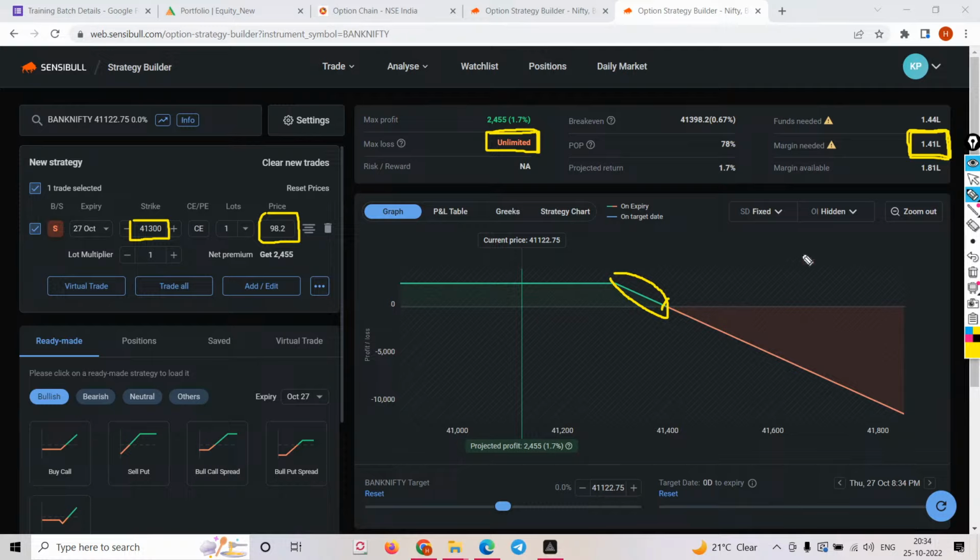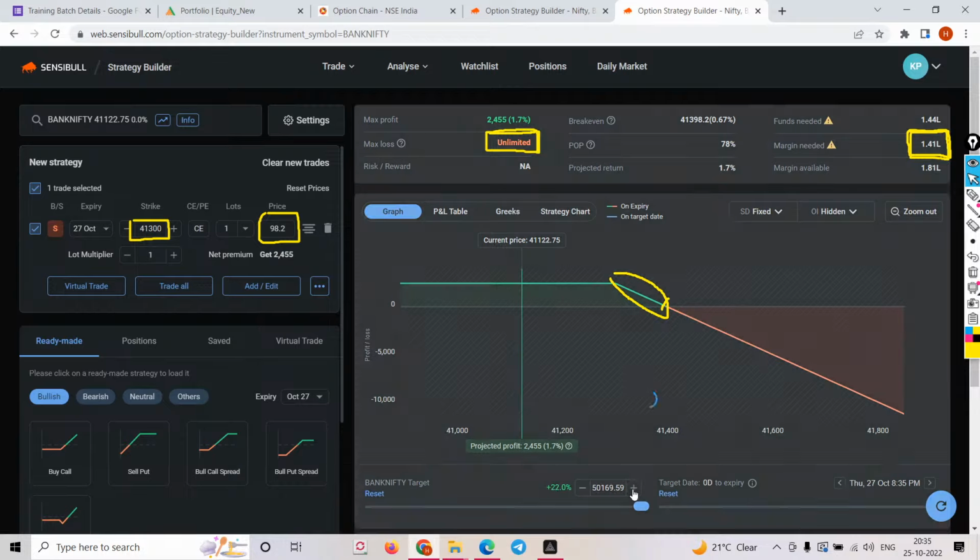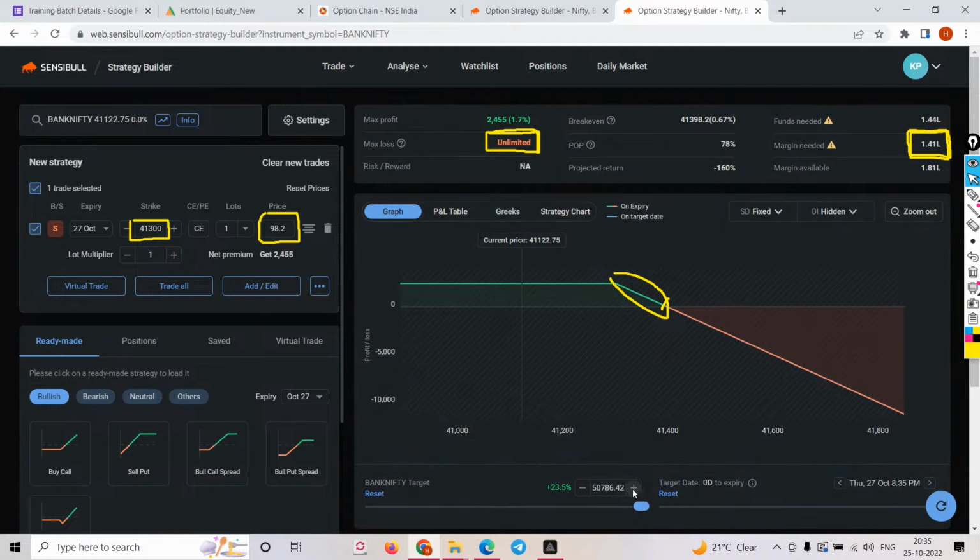Okay, let me show you. I'll take the market to 10, 20, 30, 40. Before that, I want answers from each and everyone. Do you think the option seller will really have unlimited loss? Let me show you.